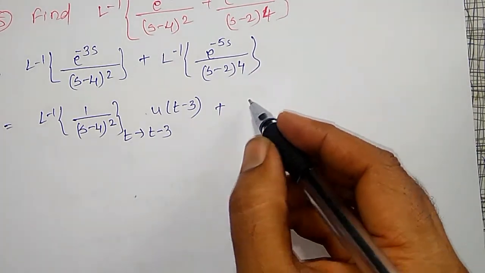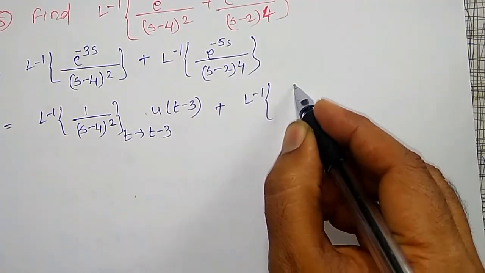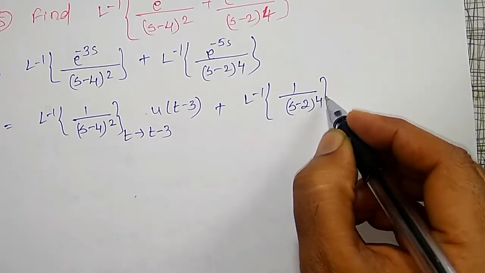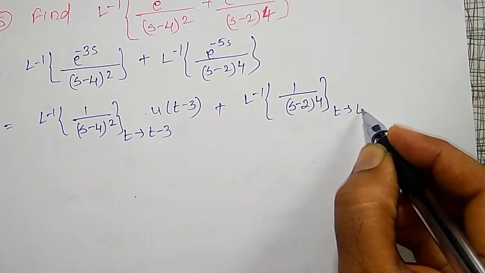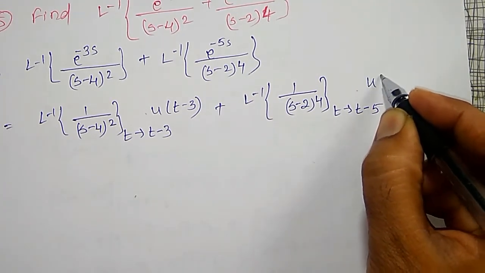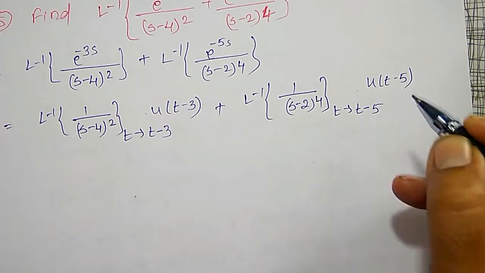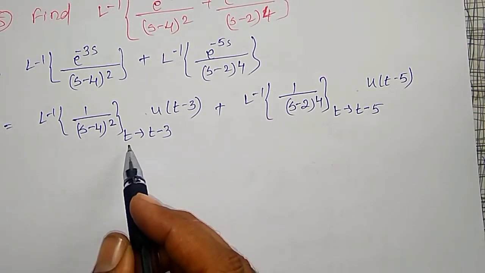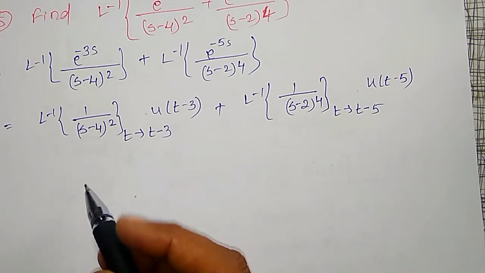Similarly, here I can write it as the inverse Laplace transform of 1 divided by (s minus 2) raised to 4, and t is replaced by t minus 5, into u of t minus 5. Okay, its inverse Laplace transform I have to find out. In that, t should be replaced by t minus 3.